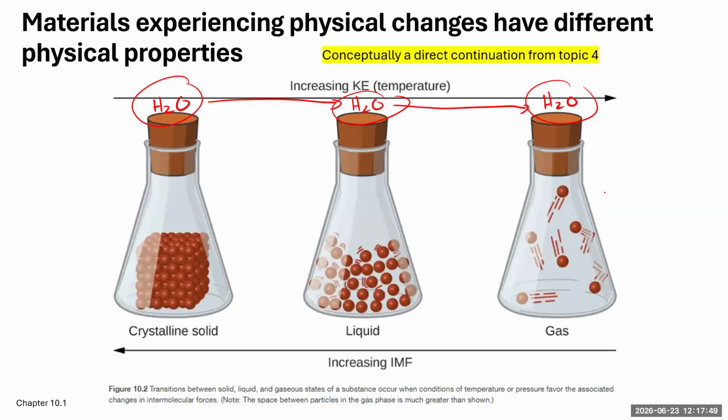Gas: forces are not currently occurring between those particles because they are far apart. Far apart, no forces. Here we're starting to see these forces possible. So closer, so some forces.